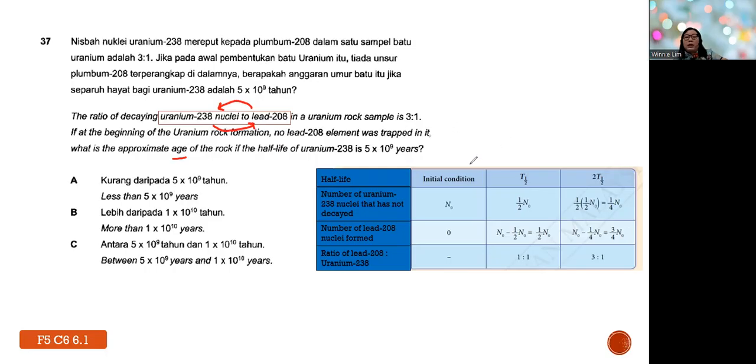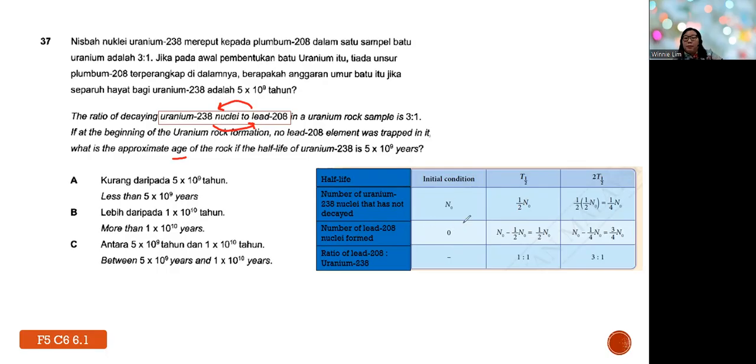Okay, so initially the amount, the activity is N0, the number of uranium that has not decayed. So after the first half-life, that becomes half, right? After 2 half-lives, they become 1/4 N0. So similarly, they will decay and then change to lead. So the lead, initially they do not have any amount.